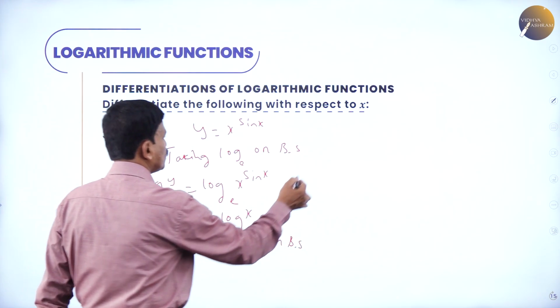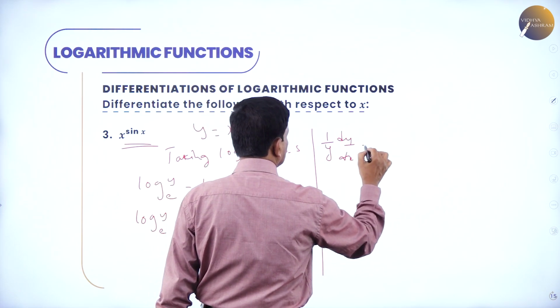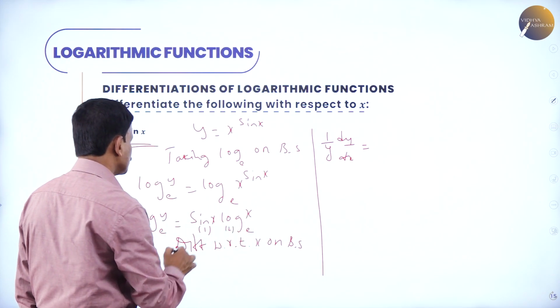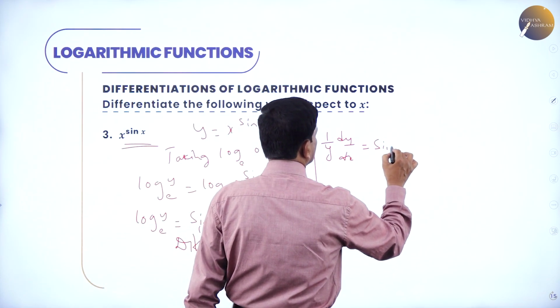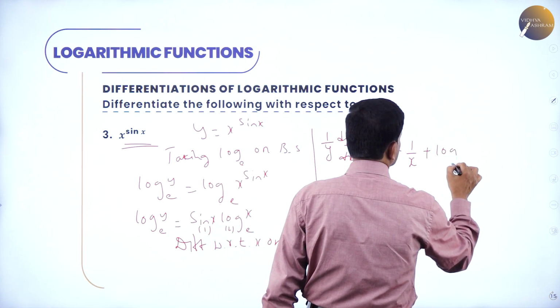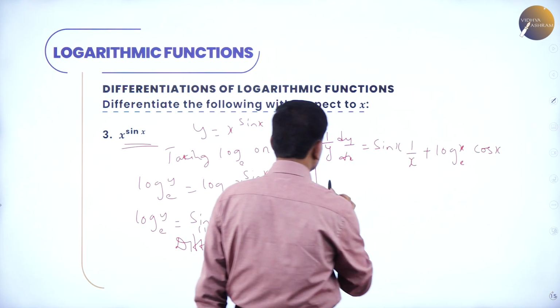What happens? The derivative of log y is 1 over y dy by dx, is equal to, this is the product rule. First function and second function: sin x constant, differentiation of log x is 1 over x, plus log x to base c constant, differentiation of sin x is cos x.